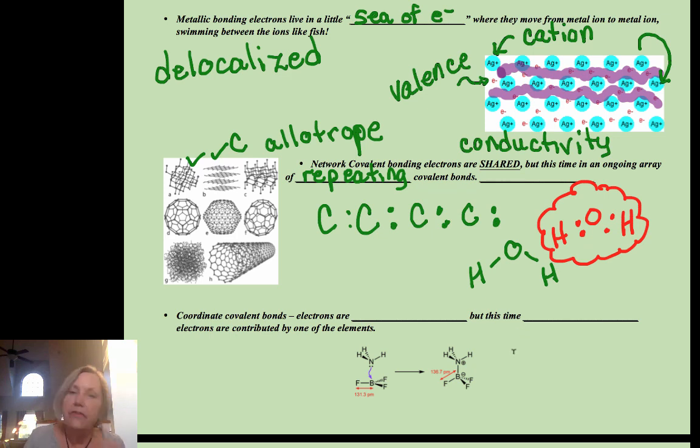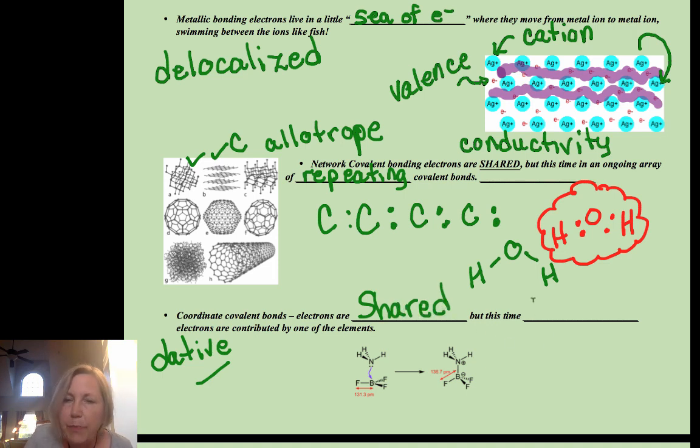Okay, and then finally, what you may see in a more advanced class are something called coordinate covalent bonds. Sometimes they're called dative bonds. I like coordinate covalent, but I know I've seen that word in IB before. We have sharing of electrons. So why do we need a new classification?